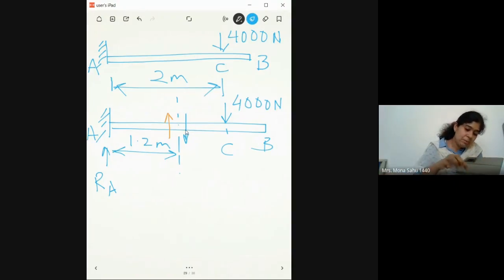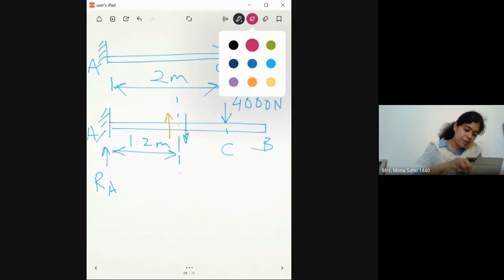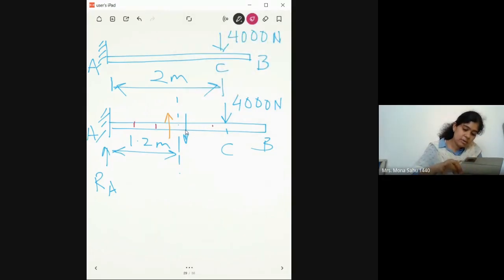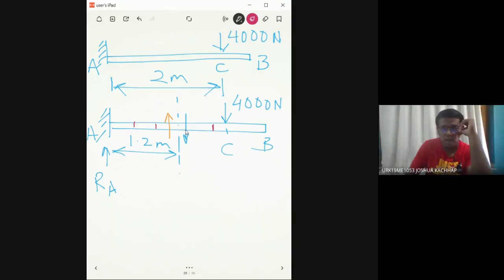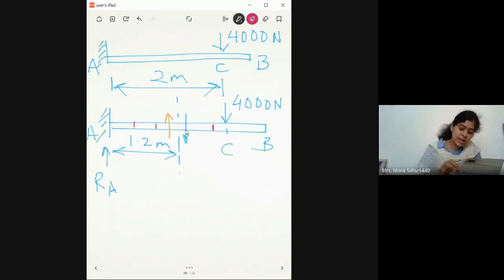So you take any point. At any point on the beam, there are two forces acting, one because of the load and the other equal and opposite load.